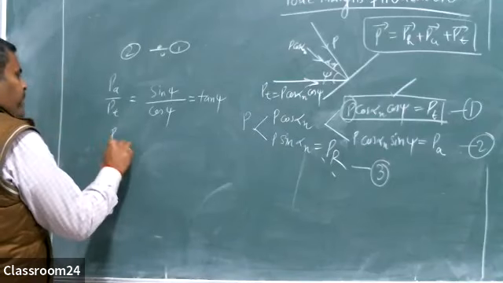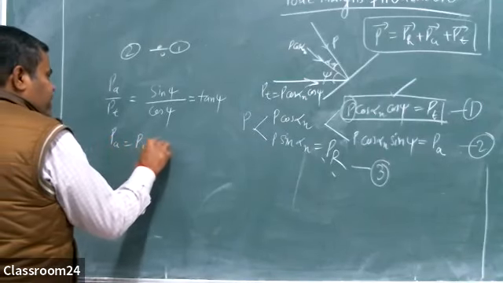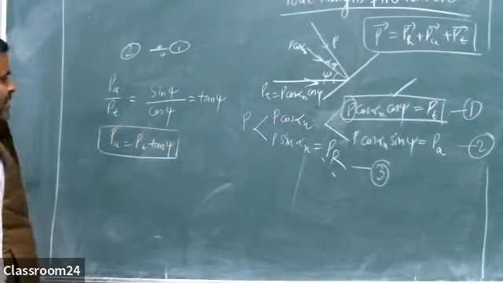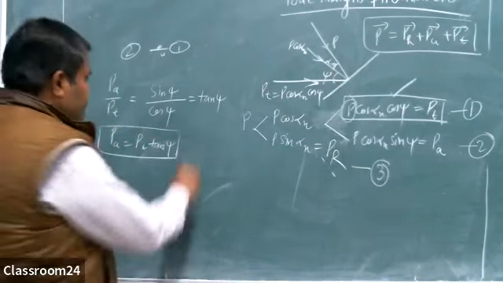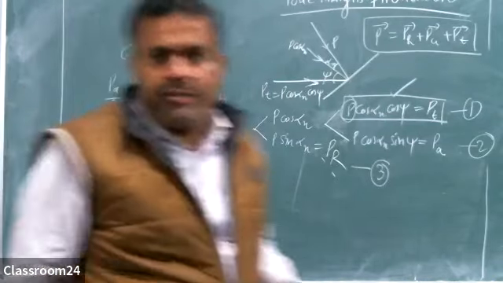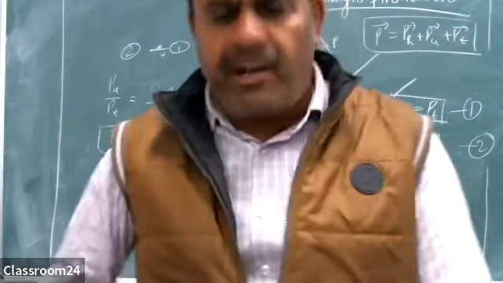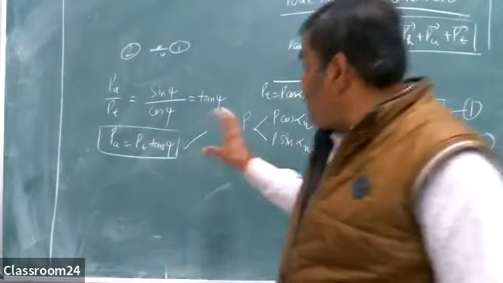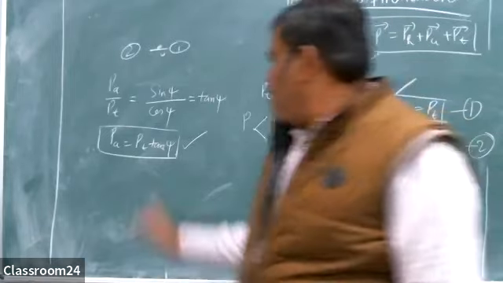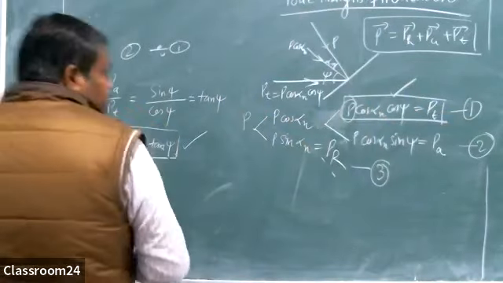From here, PA equals PT tan psi. This is an important equation. Sometimes you have to find the axial force, and in the GATE exams it is required. If you know PT by some method, you can find PA, but you have to know the helix angle.